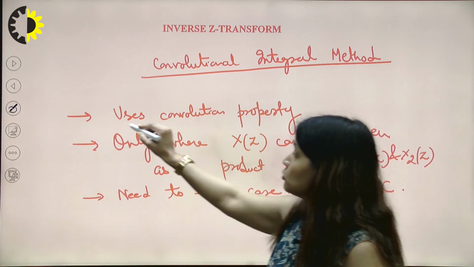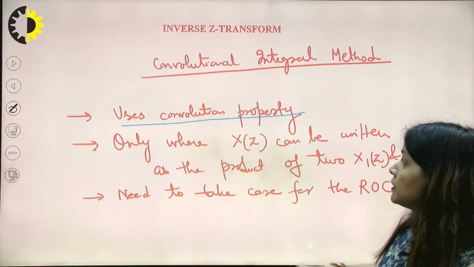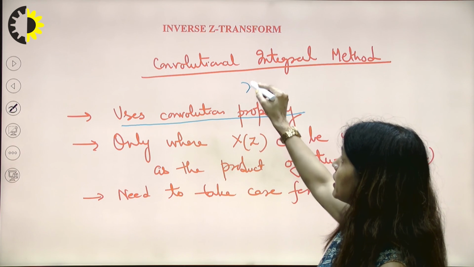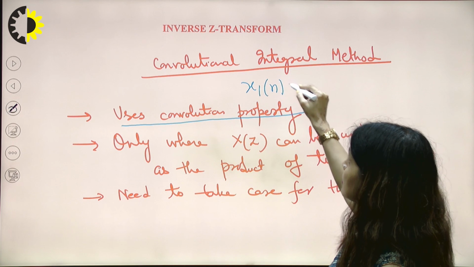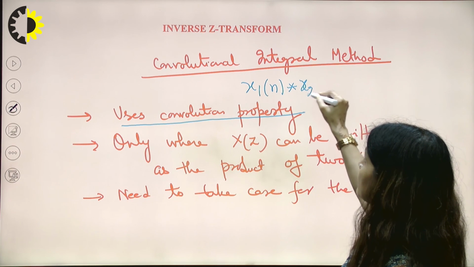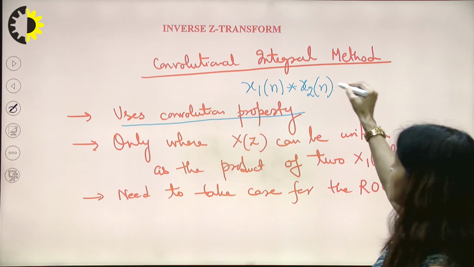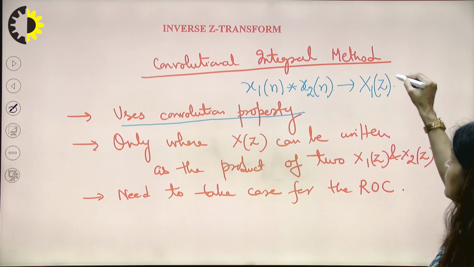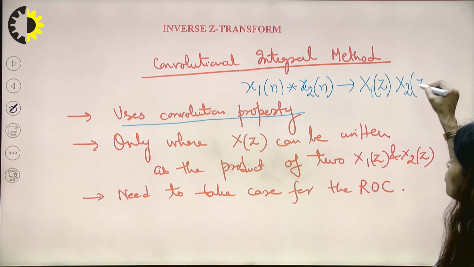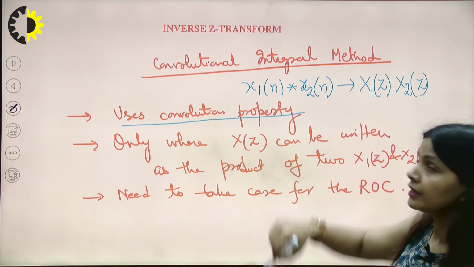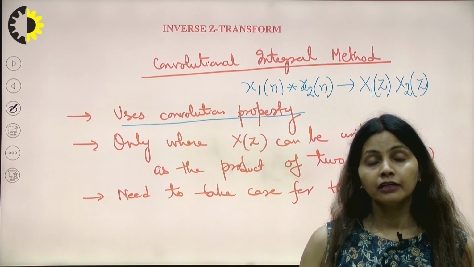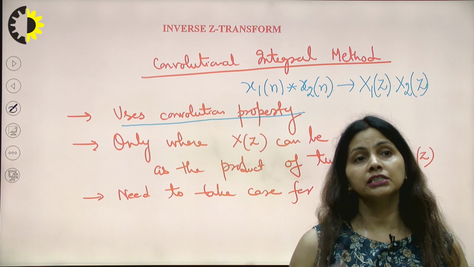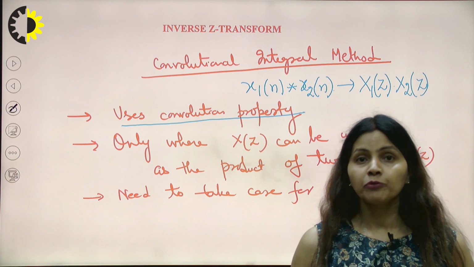It uses the convolution property, which says x1(n) convolved with x2(n) in the Z transform becomes X1(z) into X2(z). That means we need to calculate the IZT separately for X1(z) and X2(z). This is the convolution property statement.